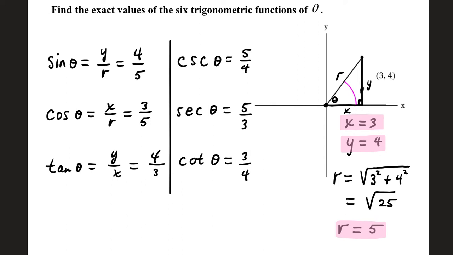We use the Pythagorean Theorem, and basically what you do is you go from the point given directly to the x-axis. The x-coordinate and y-coordinate give you the adjacent and opposite sides, and using the Pythagorean Theorem, you can find the hypotenuse, which is the distance from the origin to the point. Now, once you've got that part, sine is the y-coordinate over the distance from the origin, so 4/5.